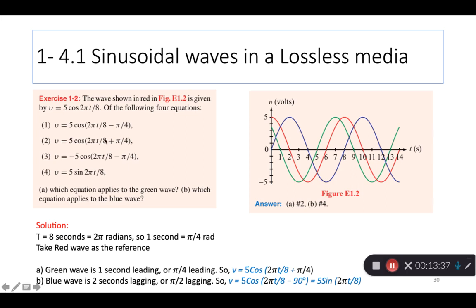Now there are three types of problems in the textbook. One is what's called an exercise that he gives us frequently, and this is exercise 1-2. For exercises, he gives you the answer right there on the same page. So this is something I'm going to skip and leave to you to do. I advise you to do these.